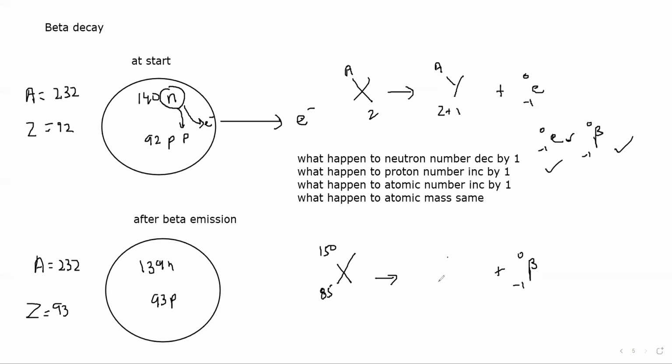What will be the mass here? 150 is there, the original mass. So what will be the mass after emission? That will remain same. And what happened to atomic number? 85 will become 86. So this is what happens in a beta decay.